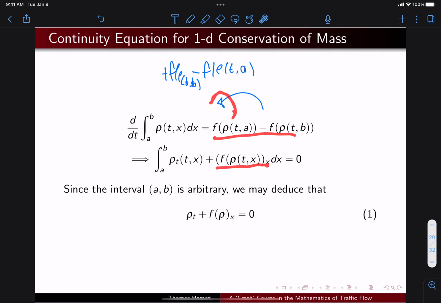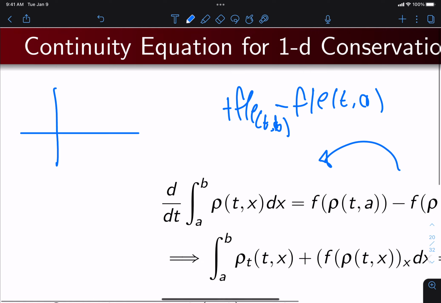So when we do this, what we obtain is the integral of some integrand equal to 0 when we integrate this function from A to B. Loosely speaking, and I'm going to get in trouble with Rhonda for saying this, let's just imagine that the integral is representing nothing but the area under the curve.